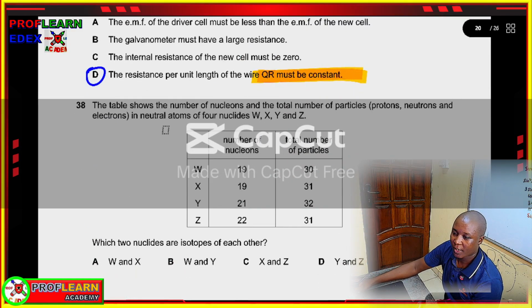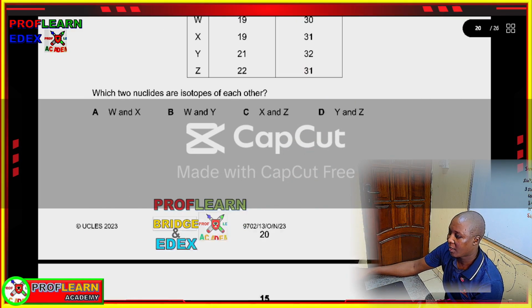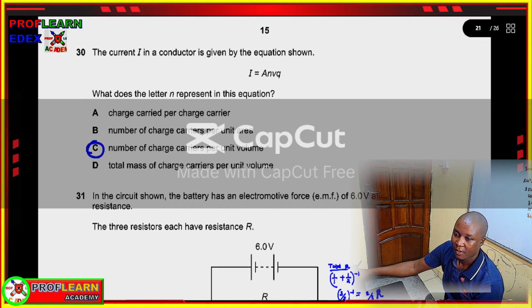The table shows a number of nucleons, so we shall have another tutorial for that. Current in a conductor is given by I = nAvq. What does n represent? n represents the number of charge carriers per unit volume.